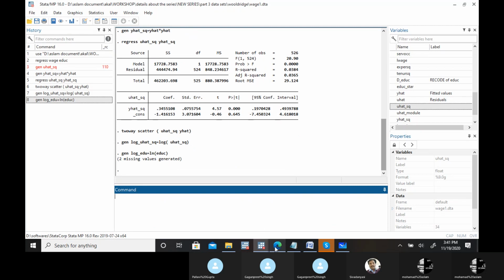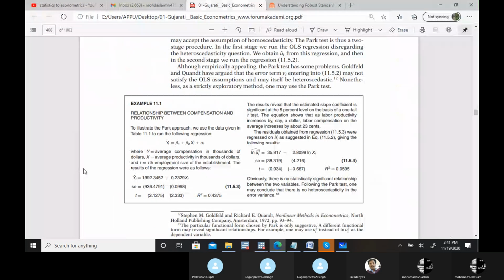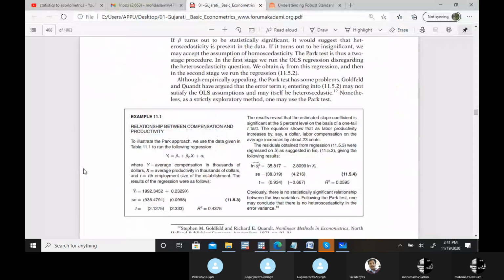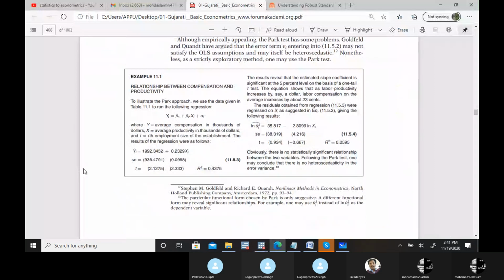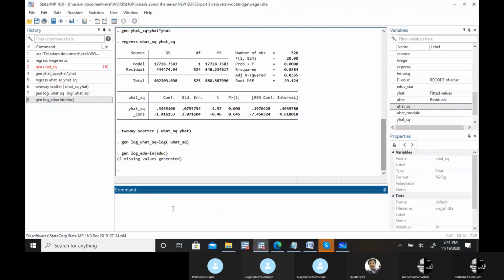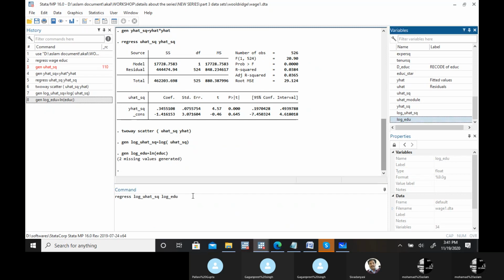Now we have to run this regression. For that, just cross-check: is any adjustment required for the constant term? No. For the intercept, there is no adjustment. Now you can simply run a regression for this expression, that is, regress log of u hat square as the dependent variable on the log of the independent variable.